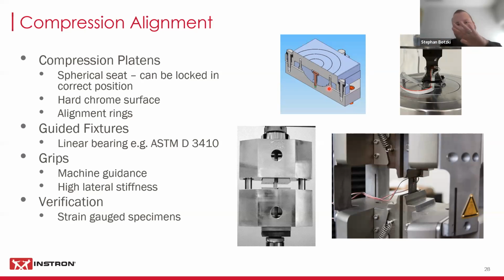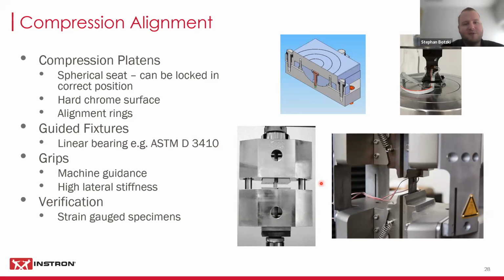Then you drive your platens into each other and bring them up to the force you're expecting your specimens to break at. So if you're testing at 50 kilonewtons, you would want to put your platens together to at least 50 kilonewtons, then tighten down these screws again, remove the load, and get your platens apart again, and then they should be perfectly parallel.